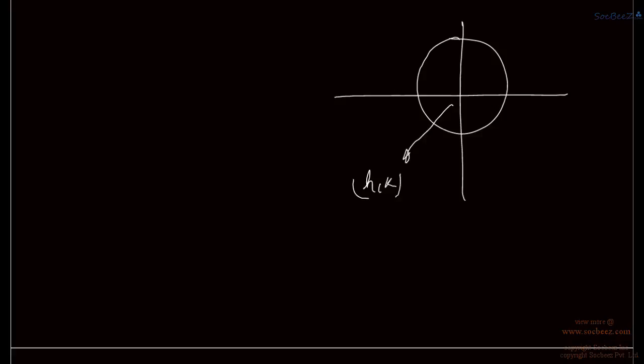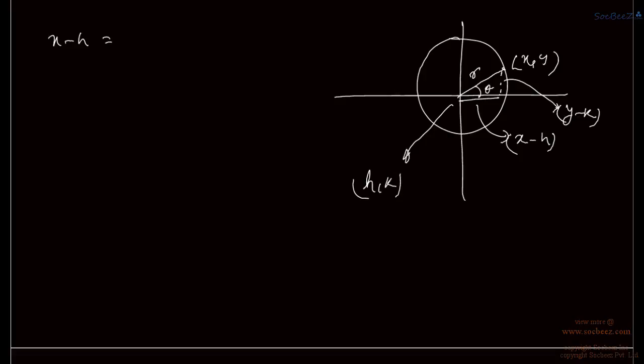We have H, K as a center, and this is a moving point X, Y, and this angle is theta. So this length is X minus H, and this length is Y minus K. And this length is radius R, which is constant. So we can write X minus H as R cos theta.